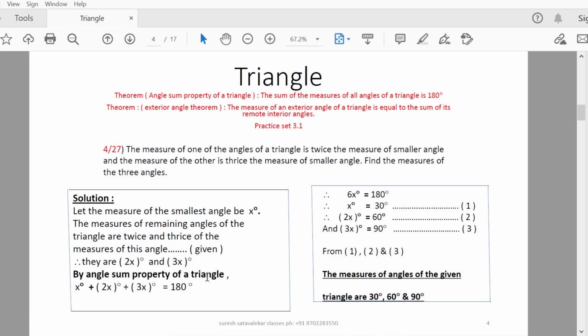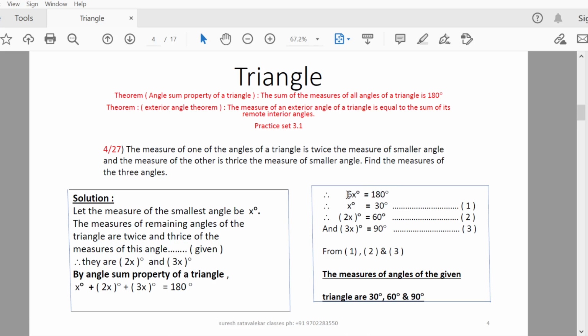By the angle sum property of a triangle, x degrees plus 2x degrees plus 3x degrees is equal to 180 degrees. The angle sum property of a triangle states that the sum of the measures of all angles of a triangle is 180 degrees. Now, these are like terms. All contain x. So, we can add the coefficients 3 plus 2 plus 1, that is 6. 6x degrees is 180 degrees.